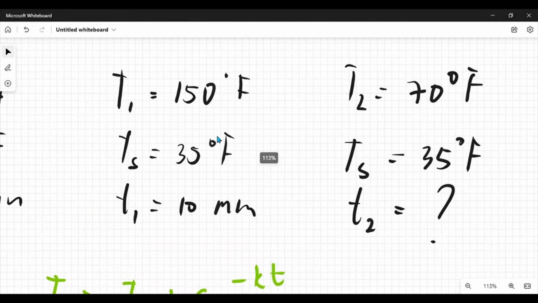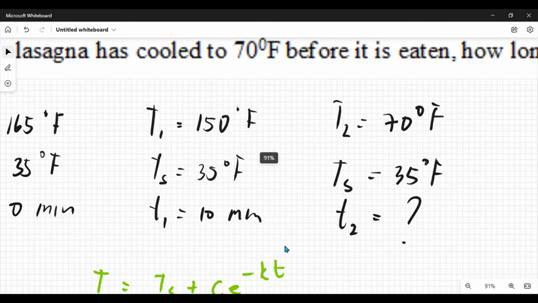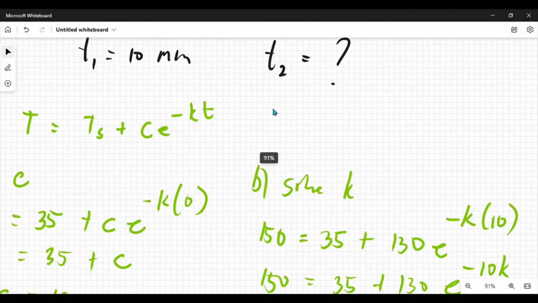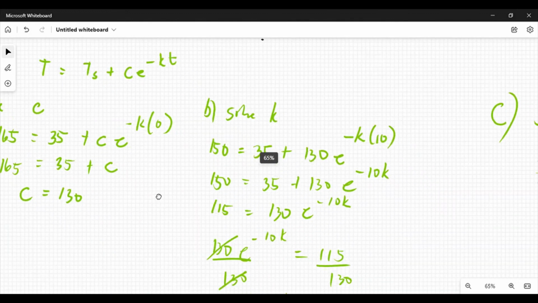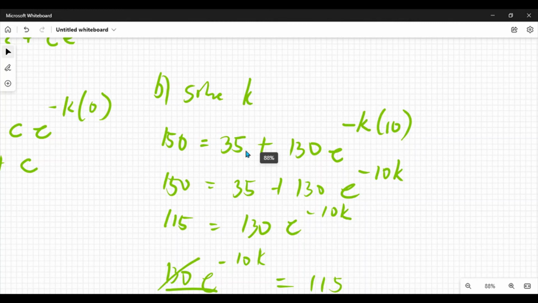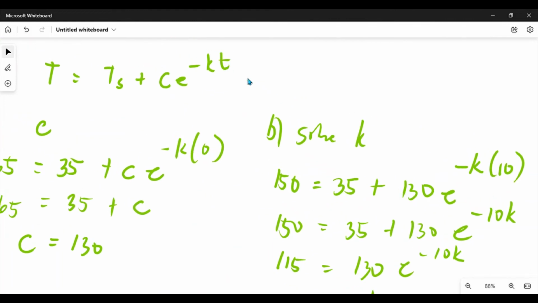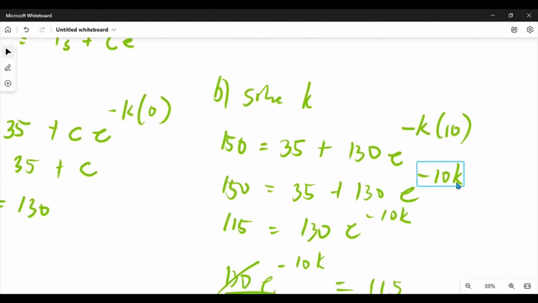Our T sub 1 is 150 degrees Fahrenheit, our T sub s is 35 degrees Fahrenheit, and our t is 10 minutes. So we have here 150, that's T, the temperature, and 35 degrees Fahrenheit, that's the temperature of the refrigerator, plus the solved value of C, that's 130, and e raised to negative k, that is after 10 minutes, so we can replace t here with 10, so you'll have negative 10k.